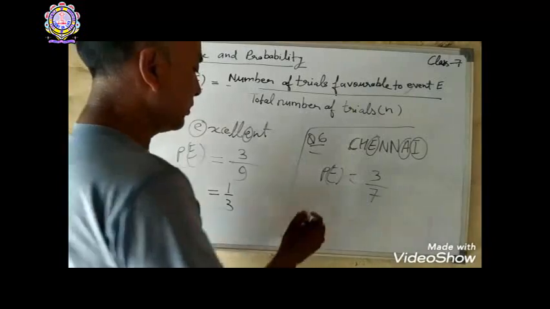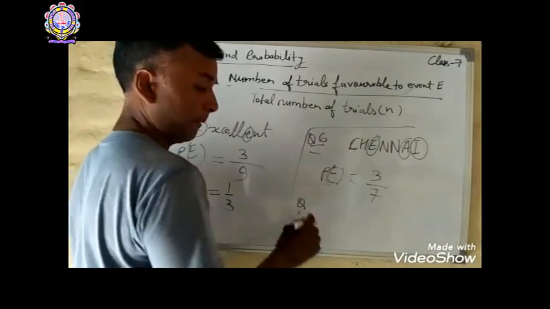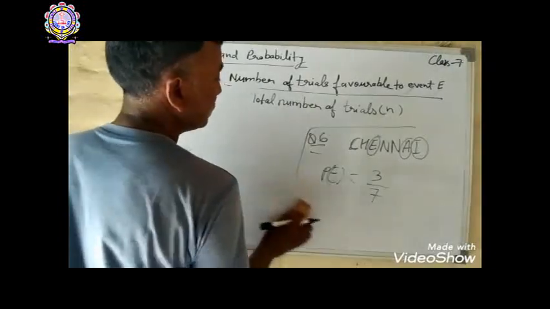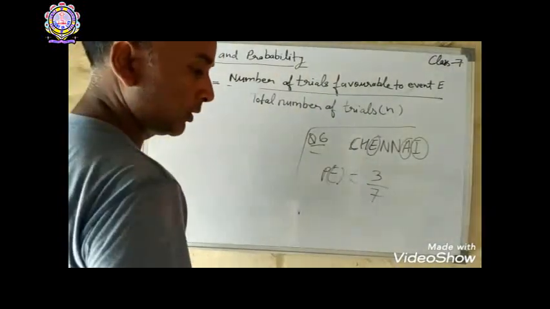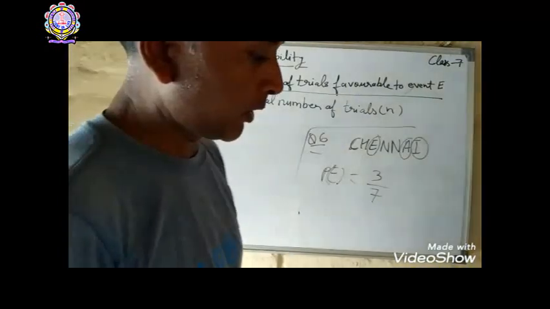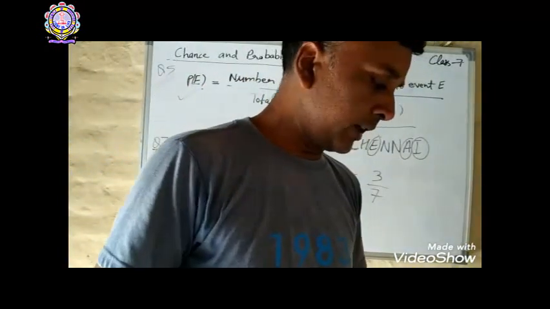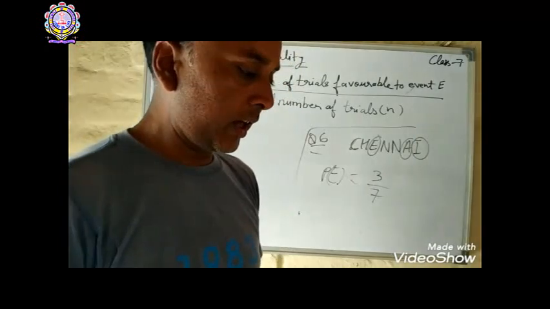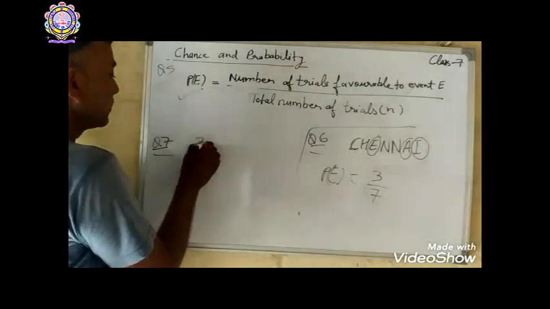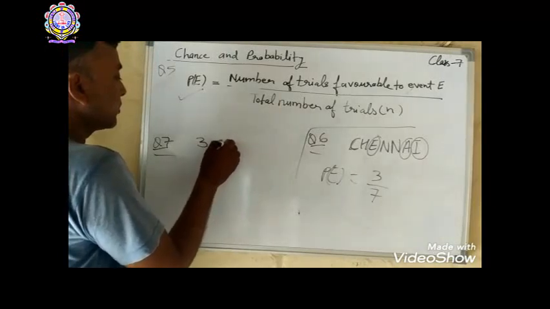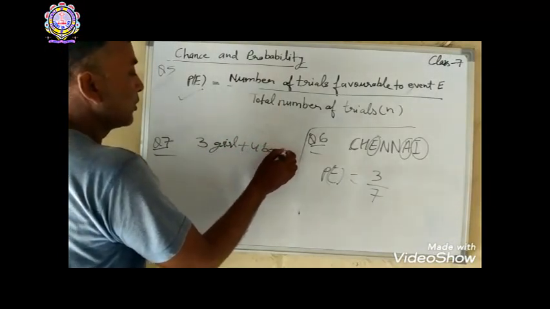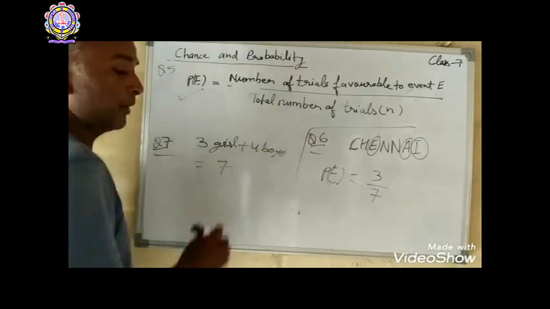At last, question number 7. What is the probability that a student chosen at random out of 3 girls plus 4 boys, total 7, is a boy?